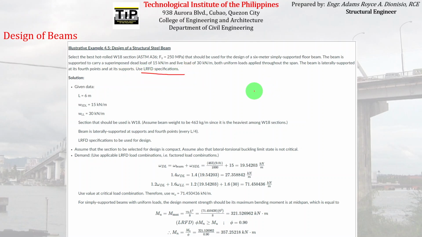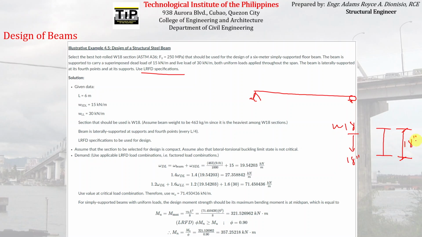So according to the problem, we have a simply supported beam like this one, made up of W18 section. Okay, so meaning the depth is at least 18 inches. If we will select a wide flange section, we have to make sure that the depth is 18 inches or more.